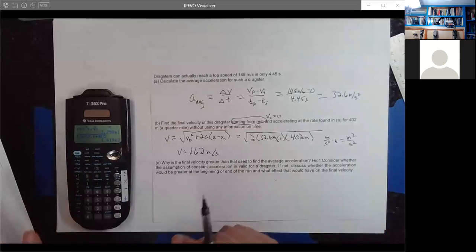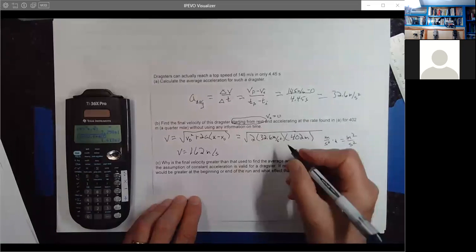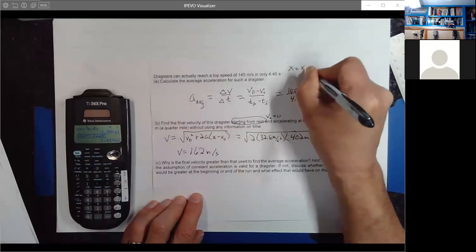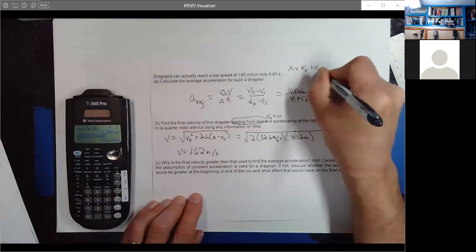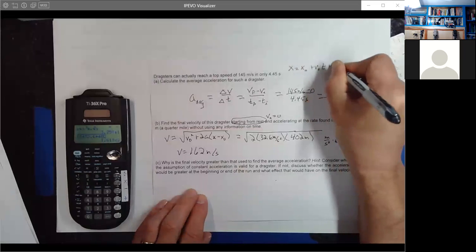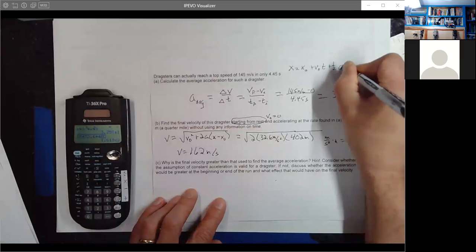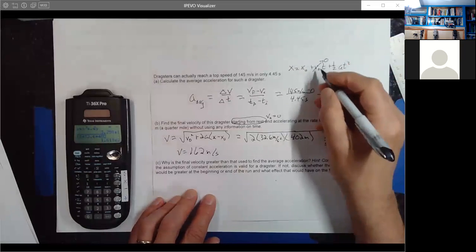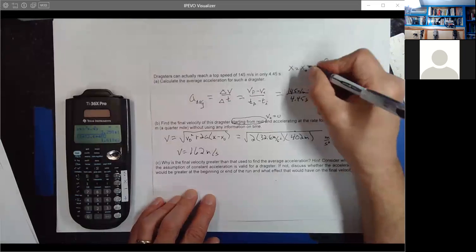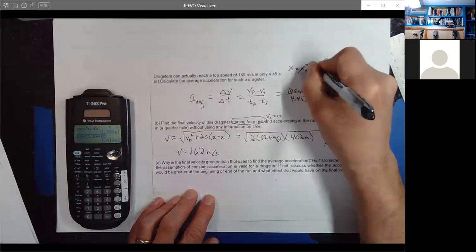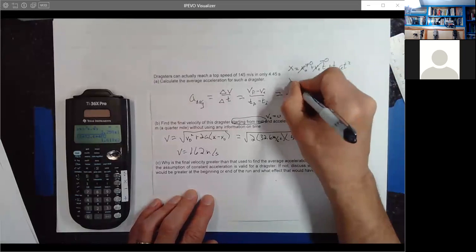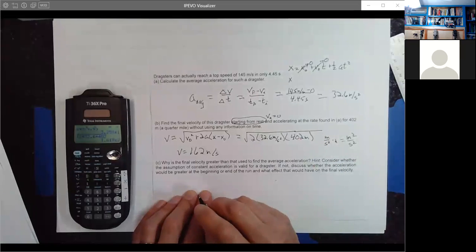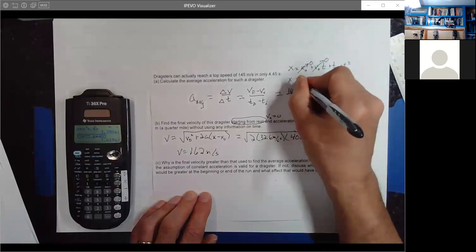In fact, I can use my x equation to get that. x is equal to x naught plus v naught t plus 1/2 at squared. It's starting from rest, so I'll put an arrow with a 0 on it for x naught and for v naught, and just see how far it traveled during these 4.45 seconds.